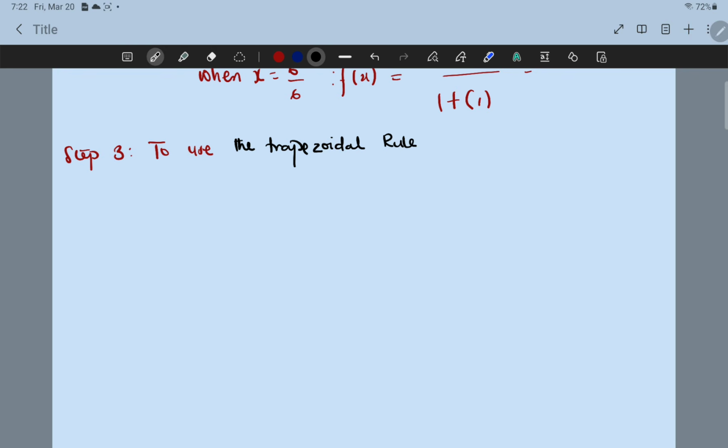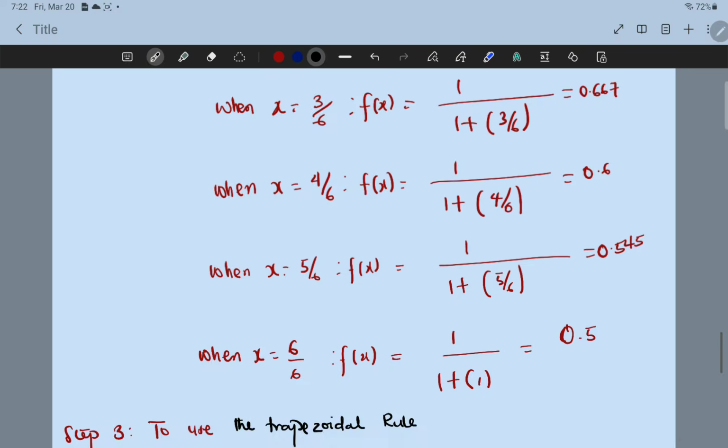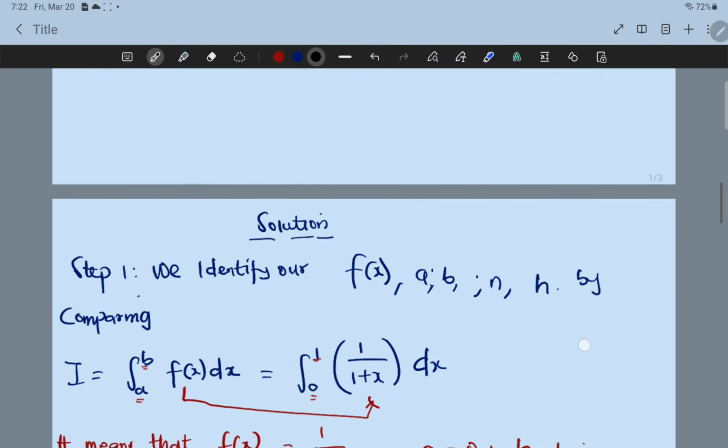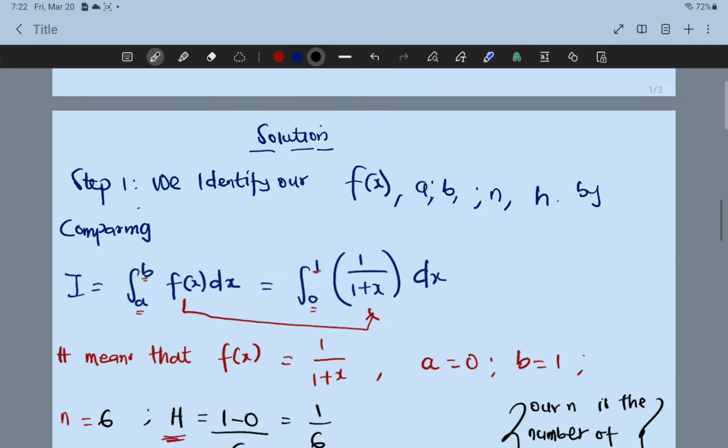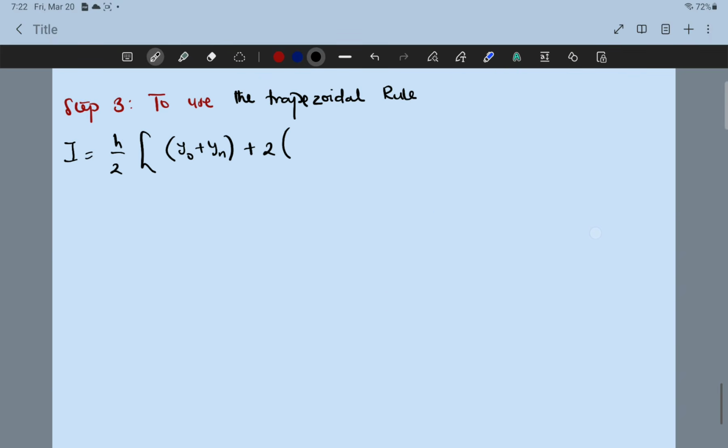You have I is equal to H over 2 into the bracket of Y naught plus Yn, plus 2 into the bracket of, now let's go back to where we use the formula. The formula says Y1 plus Y2 plus Y3 as we approach Yn minus 1.